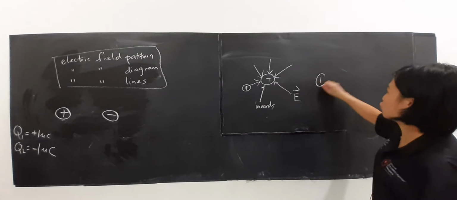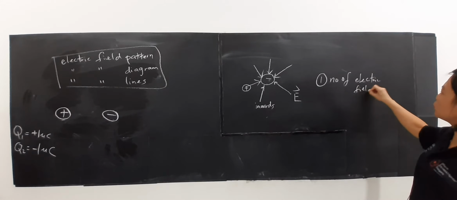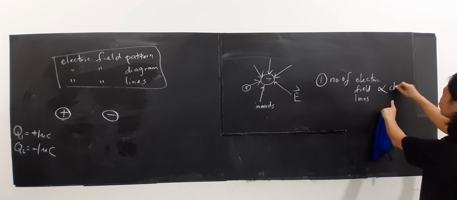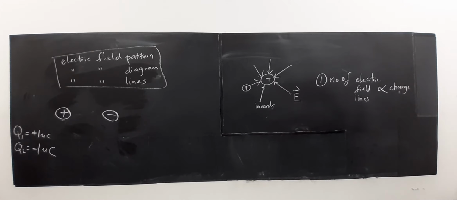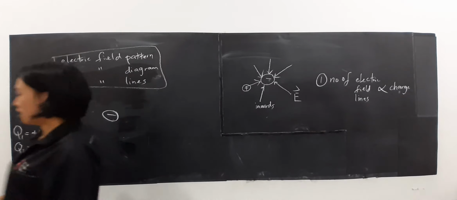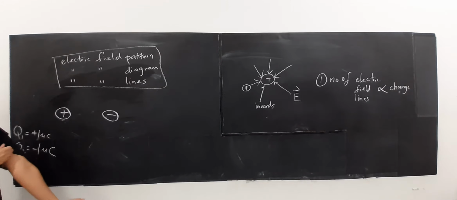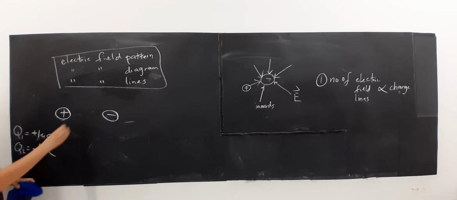The first rule: the number of electric field lines is always proportional to the magnitude of the charge. What does that mean? For example here, the charge for Q1 is 1, and Q2 is also 1. So the number of electric field lines that I have to draw must be the same. For example, I draw 6. I draw 6, for example.